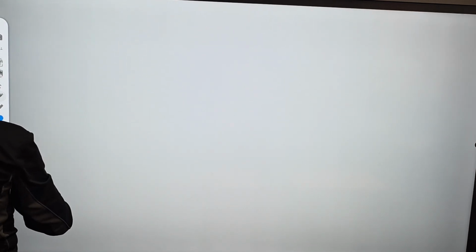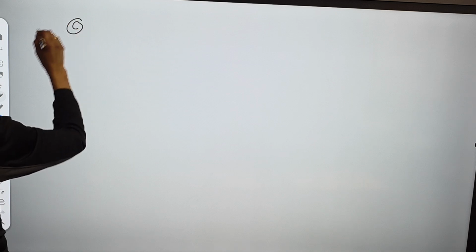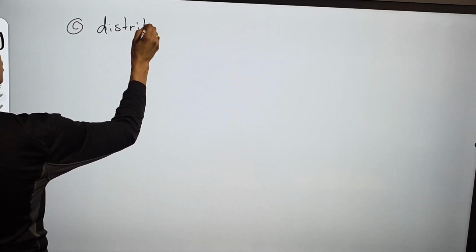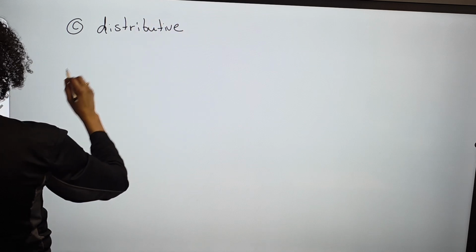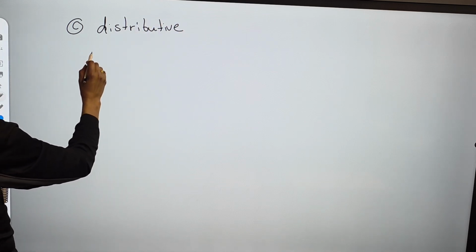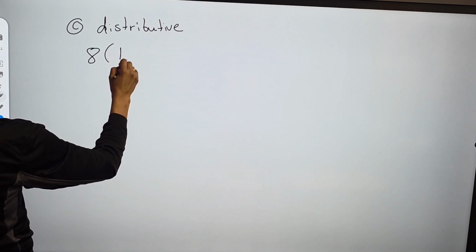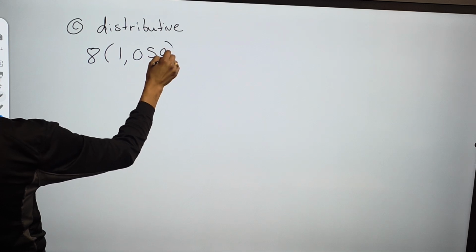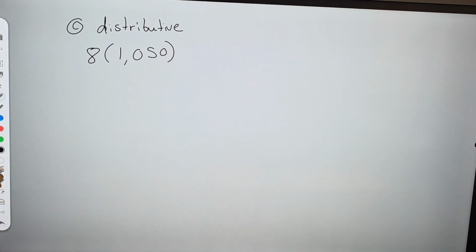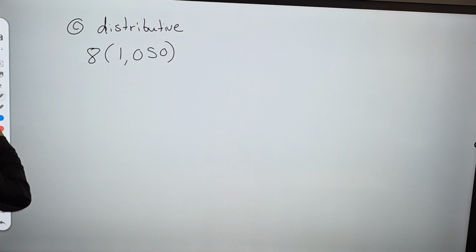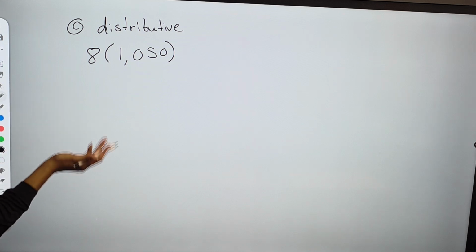And letter C of that same example, using distributive property. So we're starting off with 8, and we're multiplying it by 1,050, okay? Well, what they're saying here is, it might be a little easier to multiply this if I could break down the value inside of here so that I can use the distributive property.